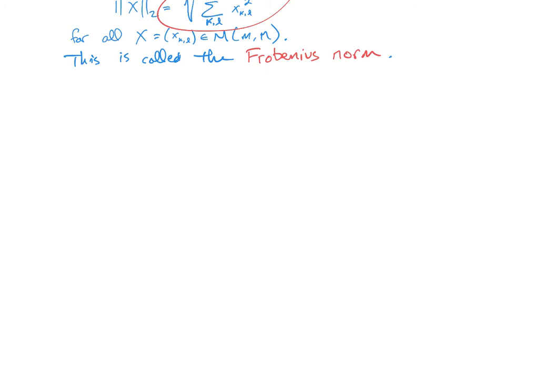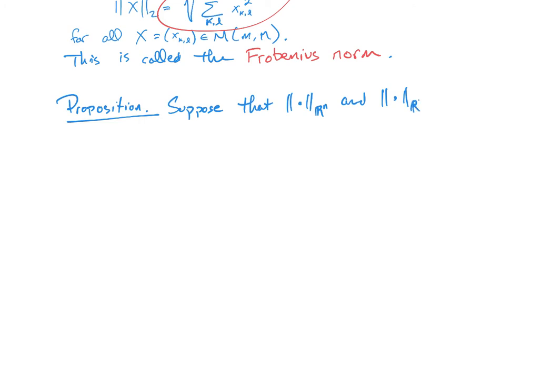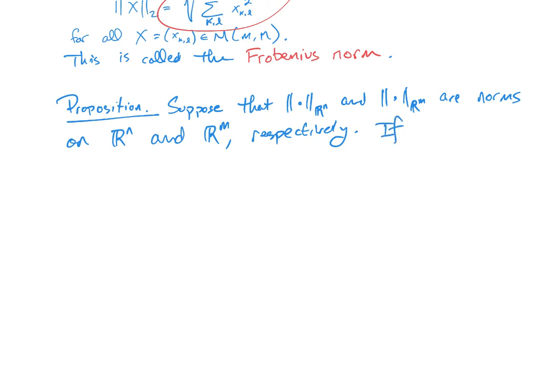Okay. We're going to start out in a fairly general context. So we're going to have a map from Rn to Rm, and we're going to allow ourselves to have any two norms on Rn and Rm. Okay, so that's what we've got.